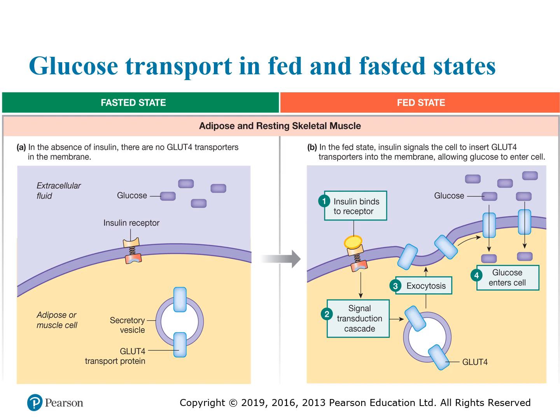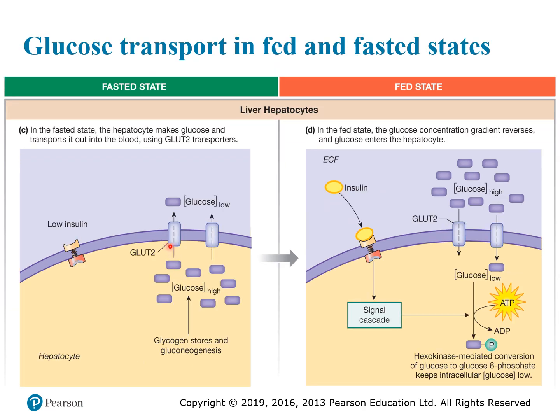Other cells don't need insulin for glucose to enter into the cell. And we're going to go ahead and take a look at an example. Liver cells have GLUT2 transporters that are found always on their cell surface.